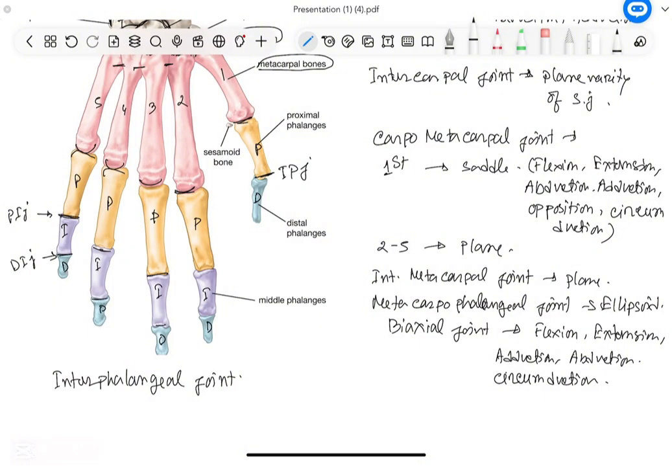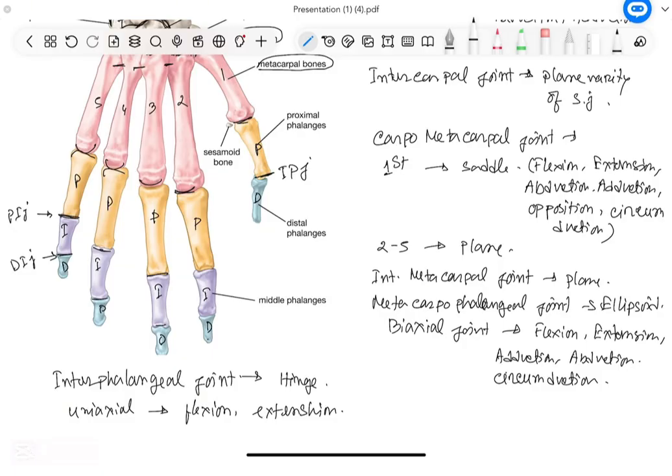For each finger from second to fifth, that means from the index till the little finger, there are two interphalangeal joints, proximal and distal. You just remember all the interphalangeal joints are a hinge variety of synovial joint and they are uniaxial joints. As it is a uniaxial joint, only one type of axis movement will be there, that is flexion and extension.